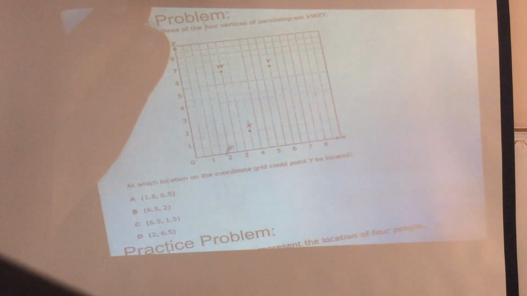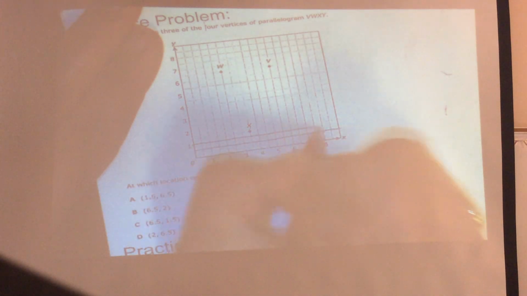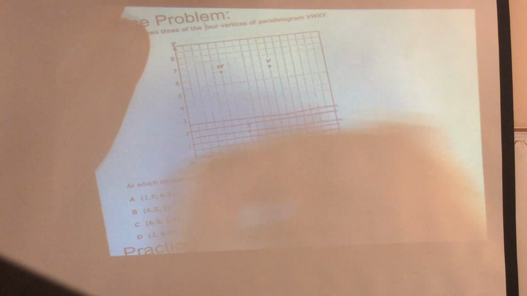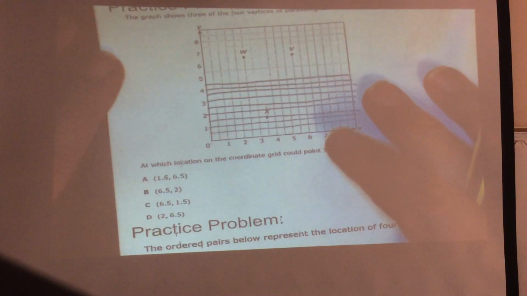Let me go down some. Almost in between the 0 and the 1. Going across on the 1. In between the 1 and the 2. On the 2. In between the 2 and the 3. On the 3. In between 3 and 4. All the way up. Okay.